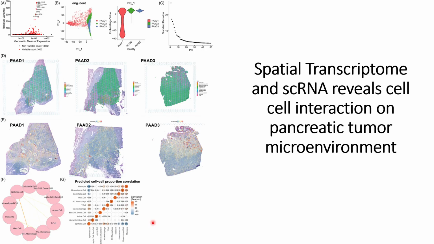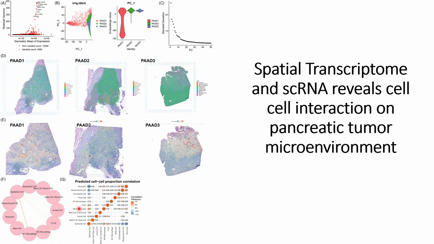What this means is that in a particular area, if M1 macrophages are high, then epithelial cells are low. However, in a particular area, if M2 macrophages are high, then epithelial cells are also high. I hope you understood how their spatial transcriptome and single cell RNA data reveal the interactions of the different cell clusters and which interactions are higher.